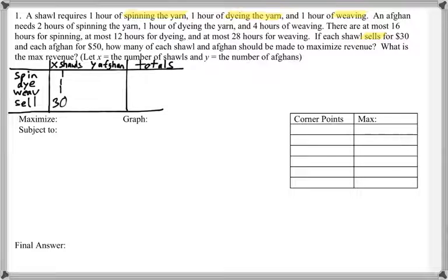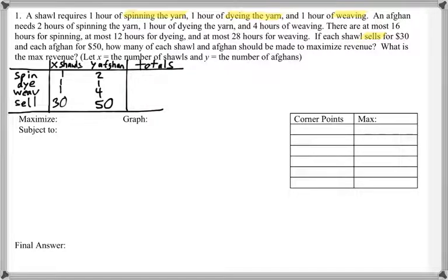And then an Afghan needs 2 hours of spinning, 1 hour of dyeing, and 4 hours of weaving. And those sell for $50. Okay, what else do we know?